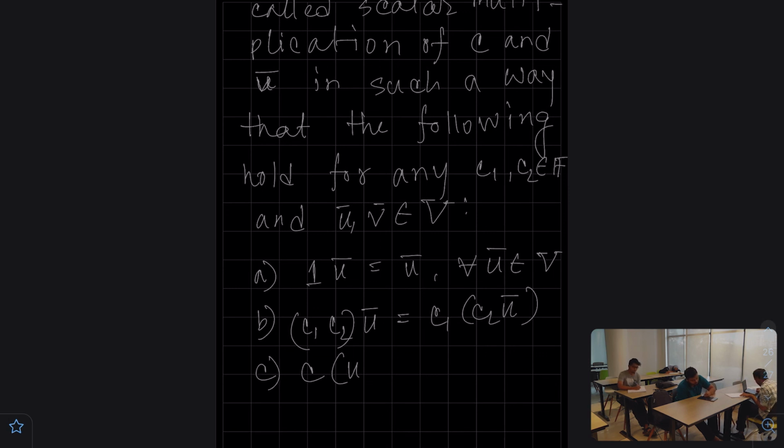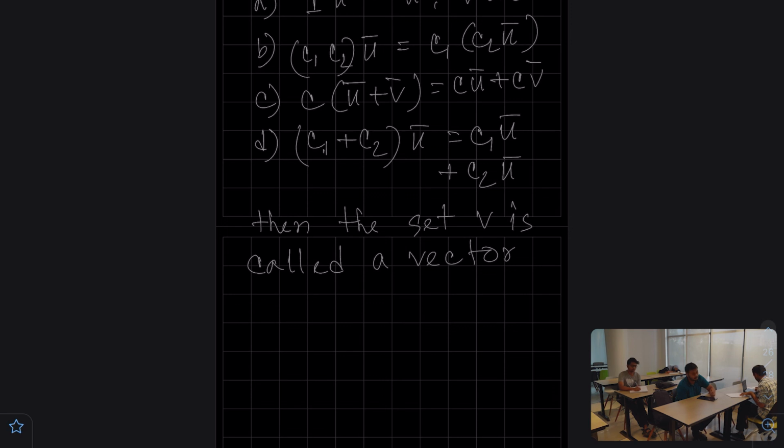C: c times (u plus v) is equal to cu plus cv. And D: (c1 plus c2) times the vector u is equal to c1 u vector plus c2 u vector.